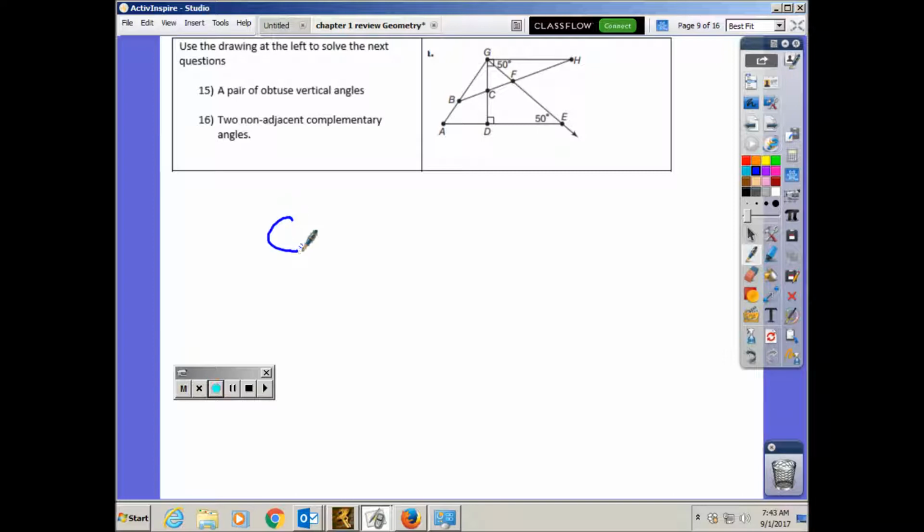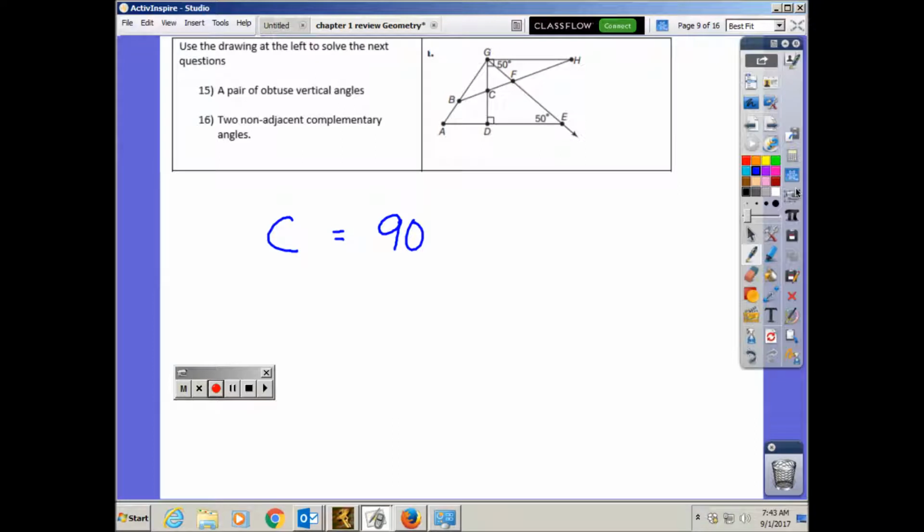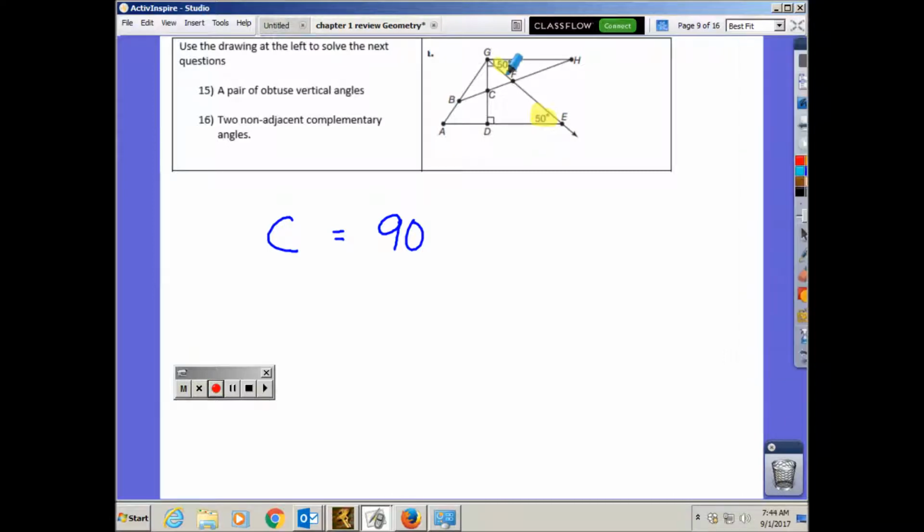Well, complementary means they add up to 90 degrees. And I want ones that are not adjacent. I see that I have two angles labeled 50. So I'm just going to highlight those for a second. So I want ones that are not adjacent. So that's going to be 90, that's going to be 50.